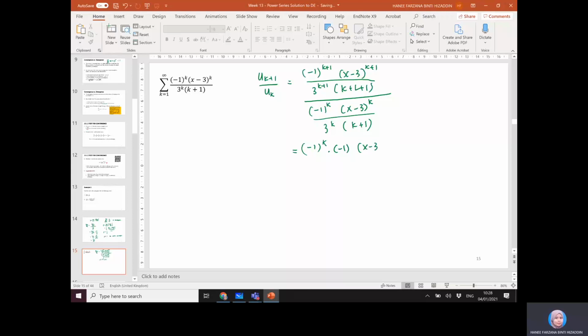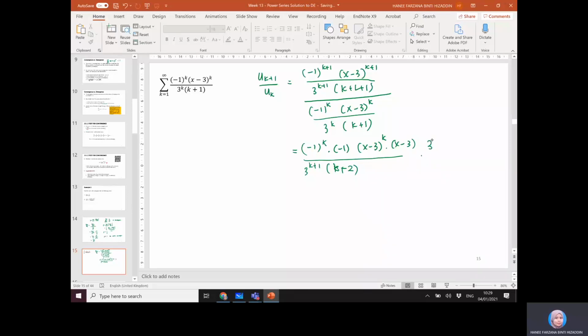So (x minus 3)^k times (x minus 3) over 3^(k+1) times (k+2). I think you can simplify it already to k plus 2 here, because you can't be eliminating that anyway.